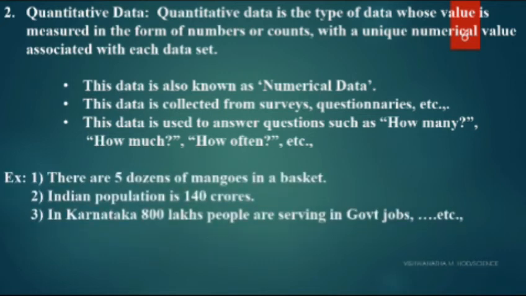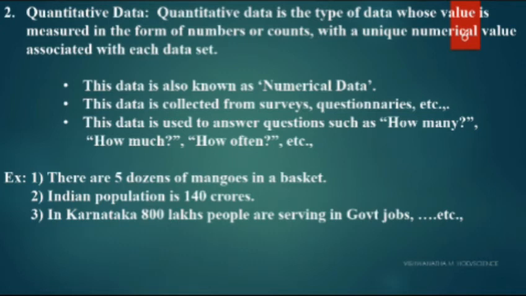Okay, so examples of such quantitative data are: there are 5 dozens of mangoes in a basket. How many mangoes are there in the basket? 5 dozen, or 1 dozen, or 50 mangoes are there. The numbers or counts that we are representing are called quantitative data, and that data is in the form of counts.